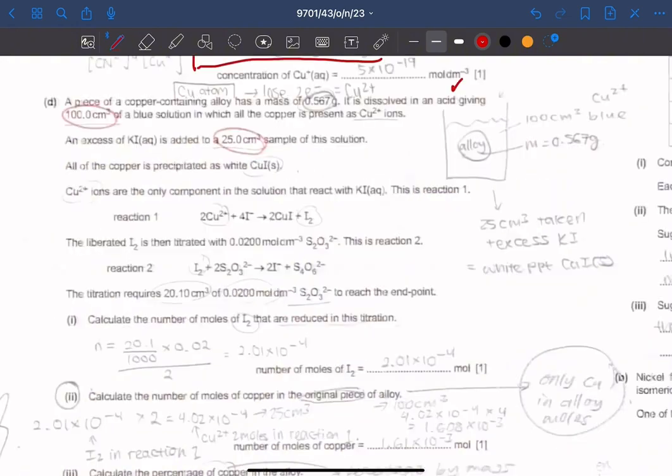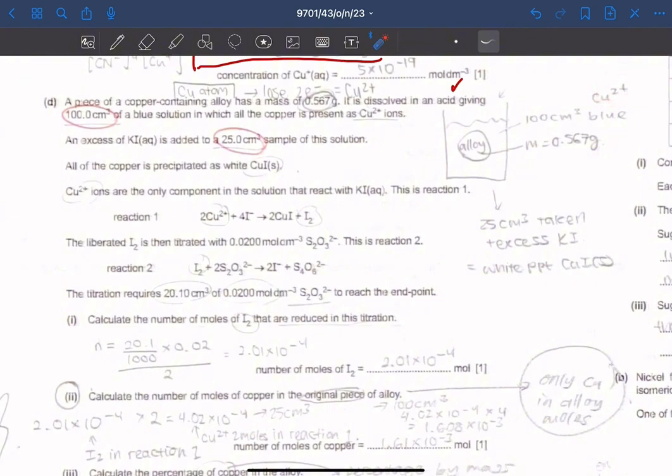Okay, D. A piece of a copper containing alloy has a mass of 0.567 grams. It is dissolved in an acid giving 100 cm³ of a blue solution in which all the copper is present as Cu²⁺ ions. An excess of KI is added to a 25 cm³ sample of this solution. So first, there's a beaker with acid containing 100 cm³ of blue solution, and the blue solution has Cu²⁺ ions.